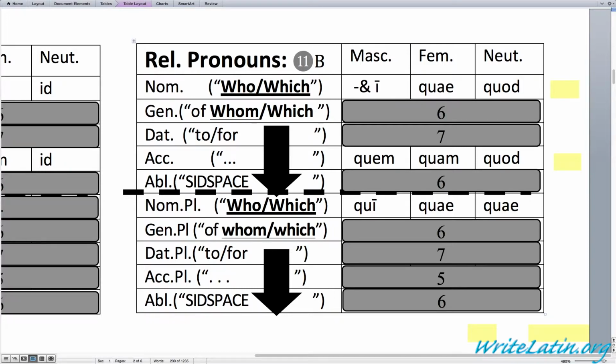Now why is this important? Well, anytime you have one of these relative pronouns, we're going to tell you that you can translate it as who, whom, or which. But if you're having trouble, then you can always go back to its ancient meaning and just stop the first sentence and say "and he."